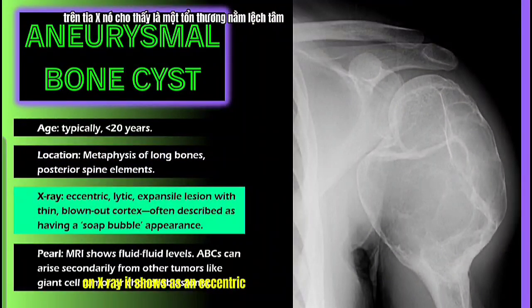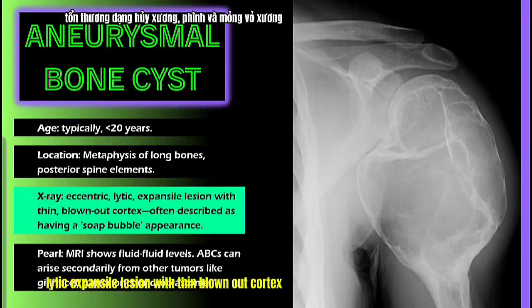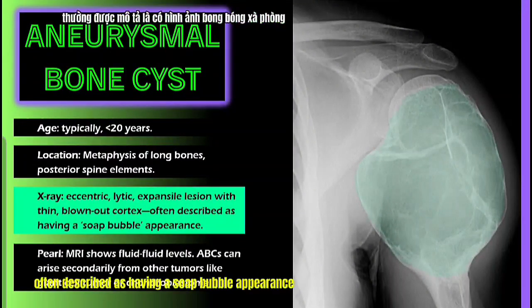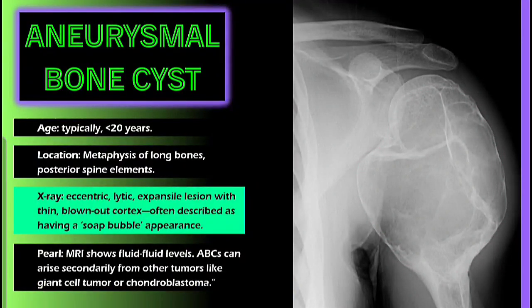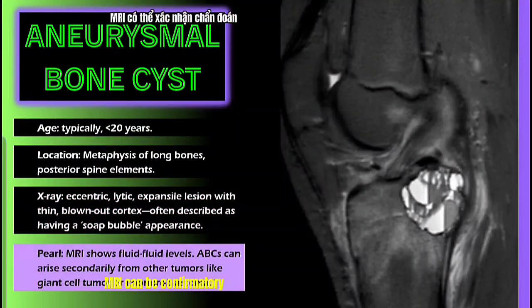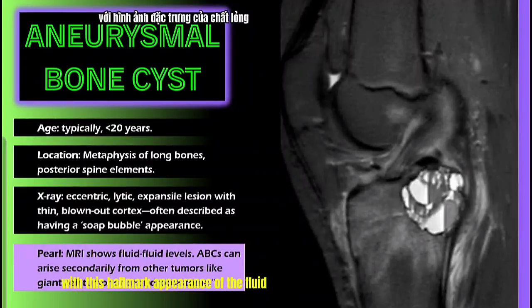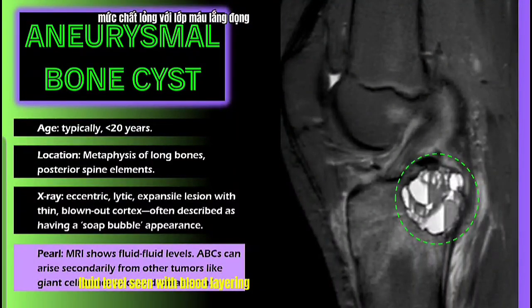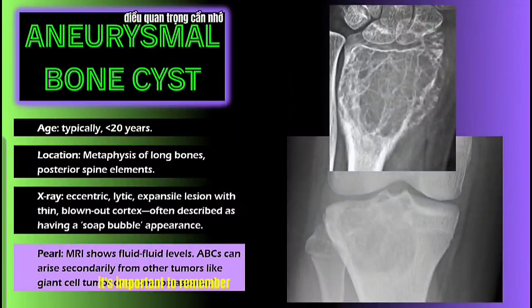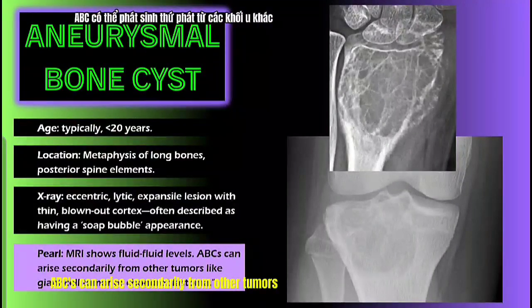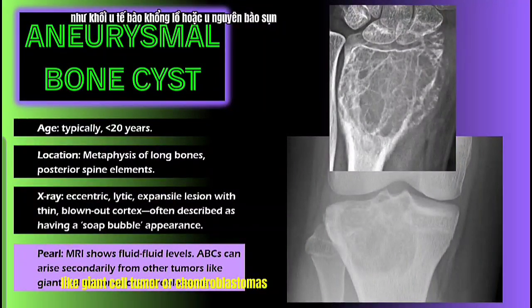On X-ray, it shows as an eccentric lytic expansile lesion with thin blown-out cortex, often described as having a soap bubble appearance. MRI can be confirmatory with this hallmark appearance of the fluid level seen with blood layering. It's important to remember ABCs can arise secondarily from other tumors like giant cell tumor or chondroblastomas.